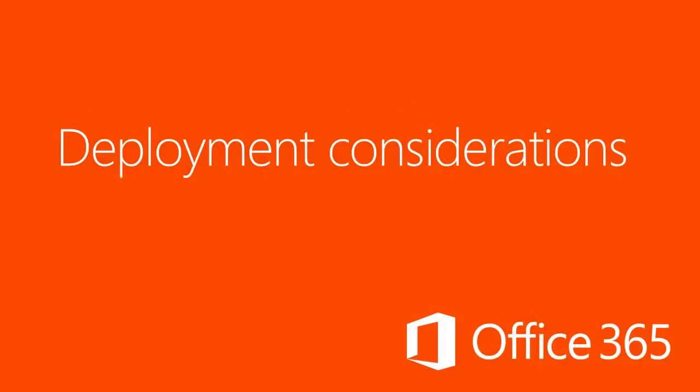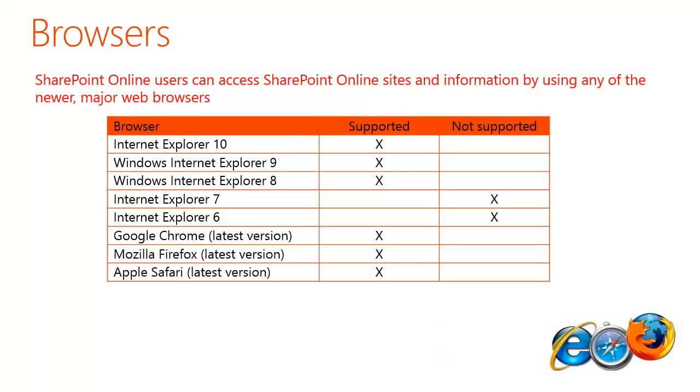Deployment considerations. First of all, when you plan to implement SharePoint Online inside your organization, you need to check requirements. When we speak about requirements, we should consider the Office client in general, so Office 2007 and greater, and also browsers.